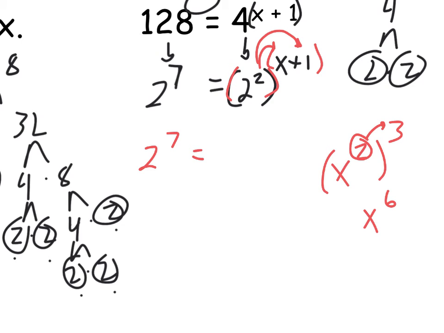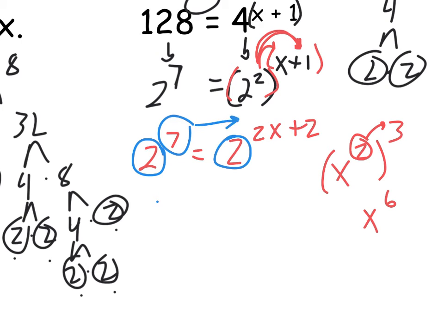So we have 2 to the 7th over here, and now we got 2 to the, well, 2 times x is 2x. And a lot of people would put plus 1 here, but you got to multiply that 2 times the 1 also. So plus 2. Now I have the same base. No more parentheses. And I can say that these exponents must be equal if this is true.